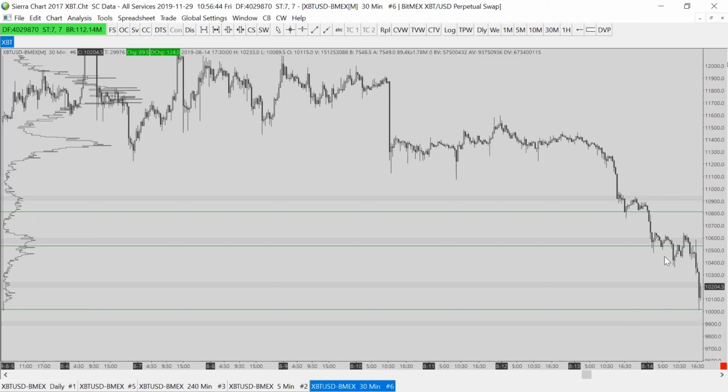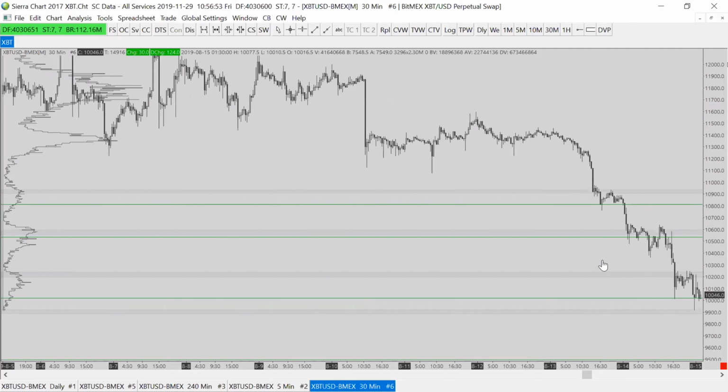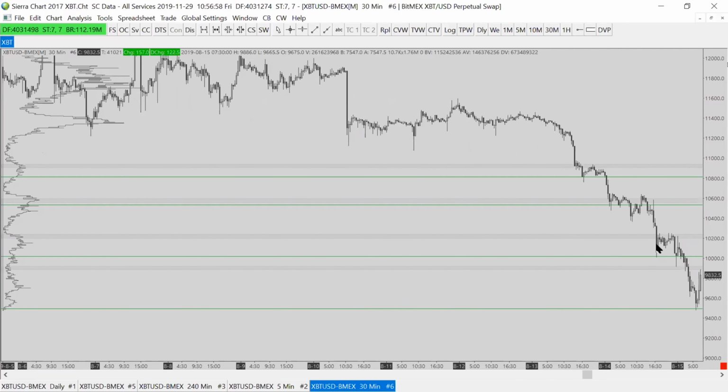Okay, so it's flipped the low volume node. And then, okay, stalls at this high volume node before finding resistance at the FTR, or this pocket of liquidity, which has just been left behind at that low volume node there.